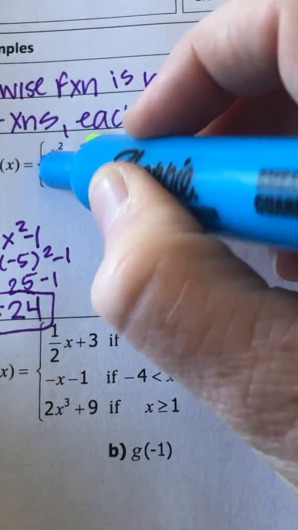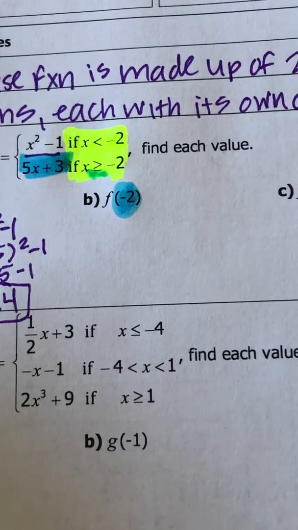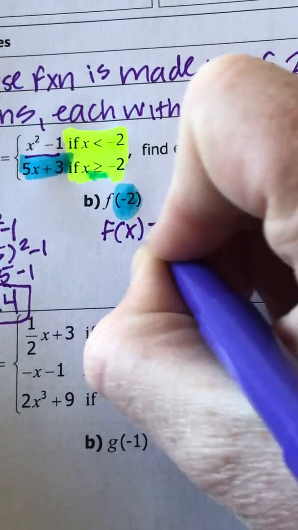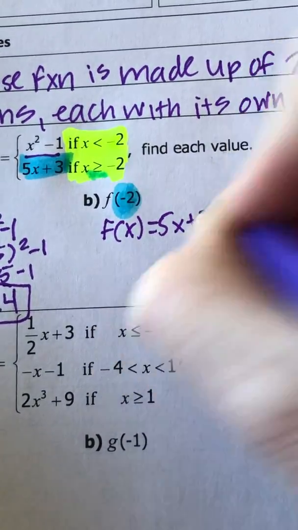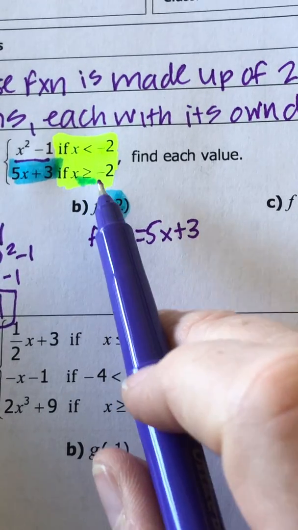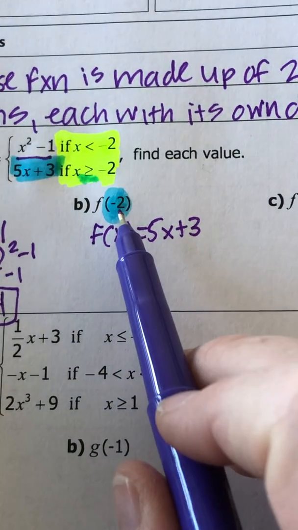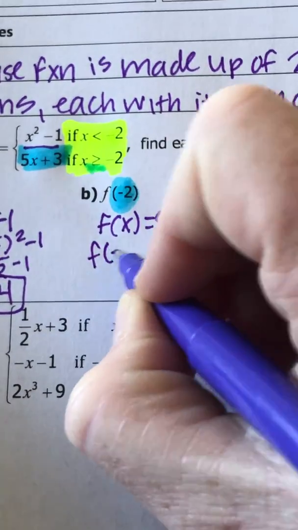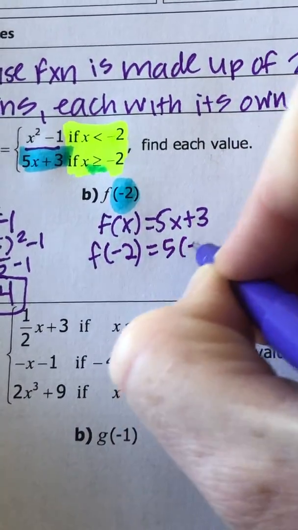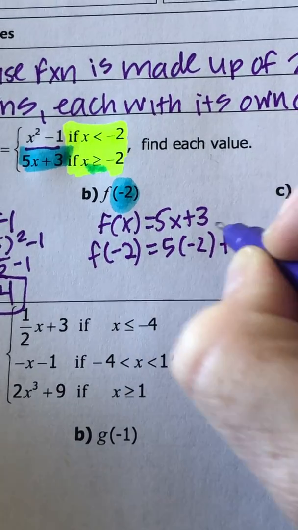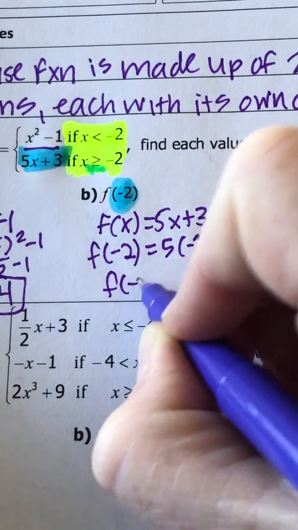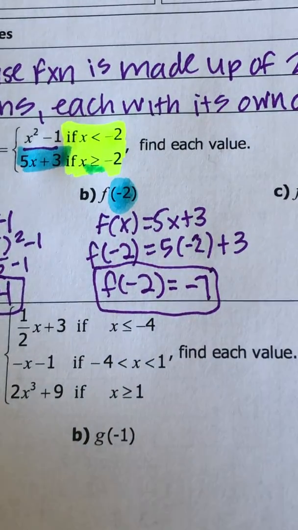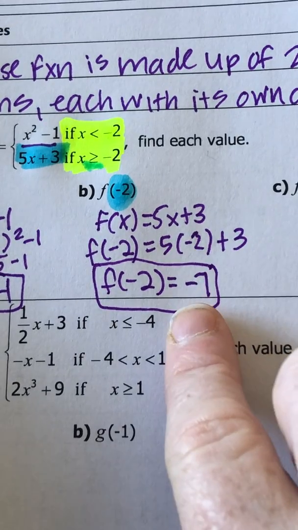So I'm going to have to choose 5x plus 3 for part B. So the function we're using here is f of x equals 5x plus 3 because I need to have it equals to, because I'm asked an x of -2, okay? So now I'm going to plug in -2 and put that right in your calculator, and f of -2 will be -7. Okay, that'd be -10 plus 3, -7.